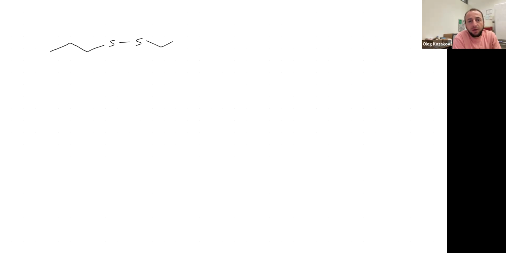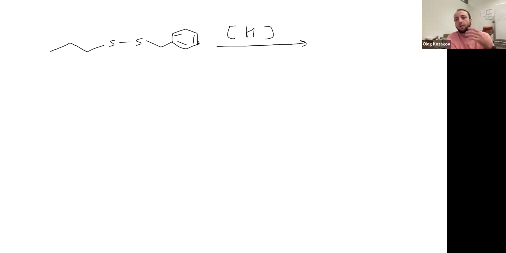And now for the interesting part, we're going to have the aromatic ring right here. Let's imagine this compound undergoes reduction, which is marked like so. Above the reaction arrow, you will have the H in brackets, which stands for reduction.